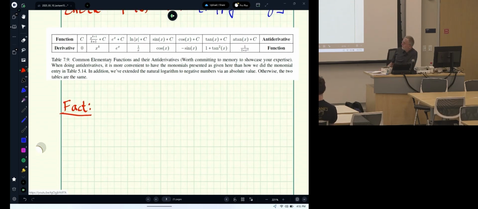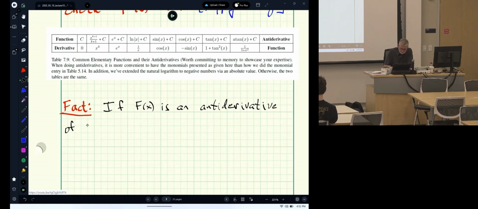Now, why do I have these constants C up there? It's simply because if capital F of x is an antiderivative of lowercase f of x, then F of x plus c is also an antiderivative for any constant c.